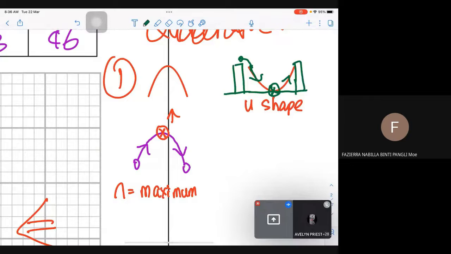So this is the minimum, titik paling kecil. So U shape, we will have a minimum point. N shape, we have a maximum point.